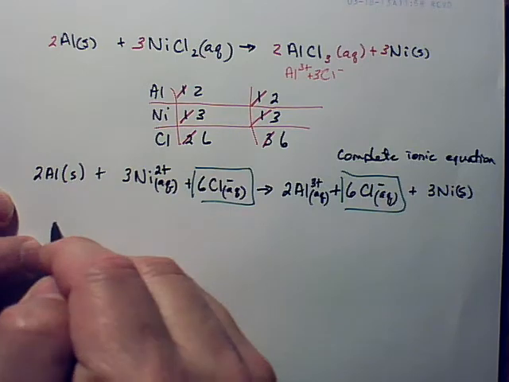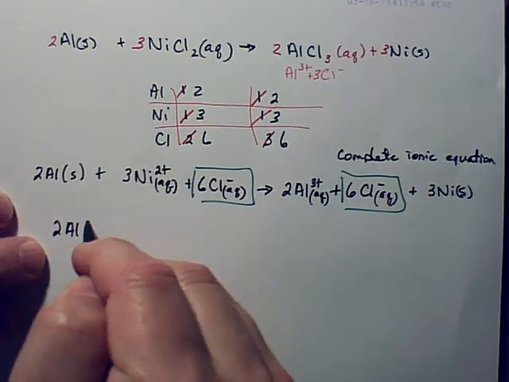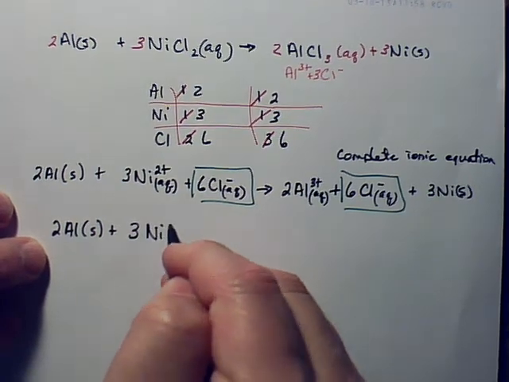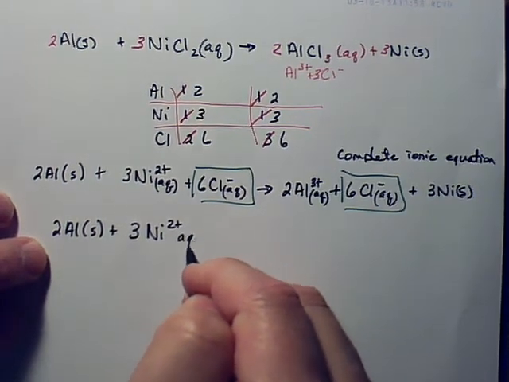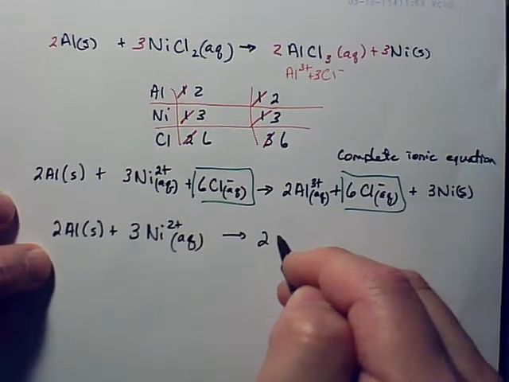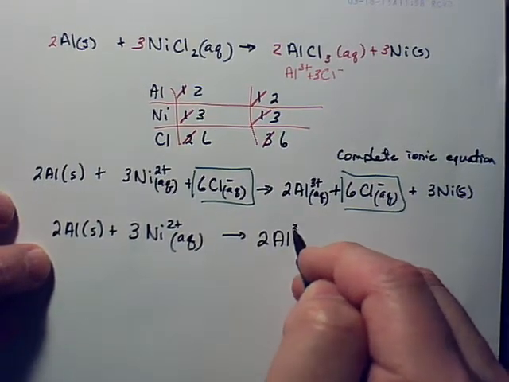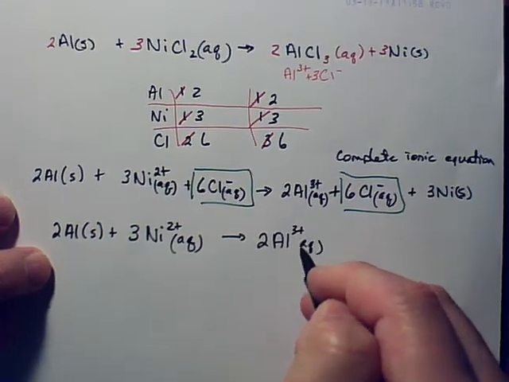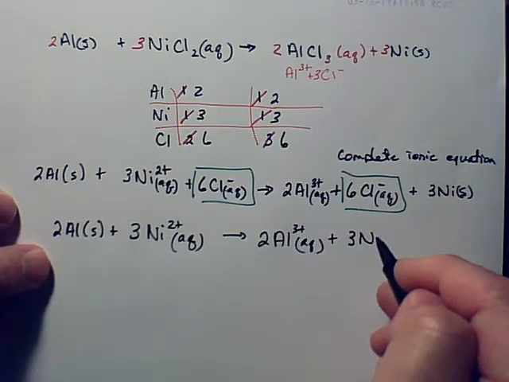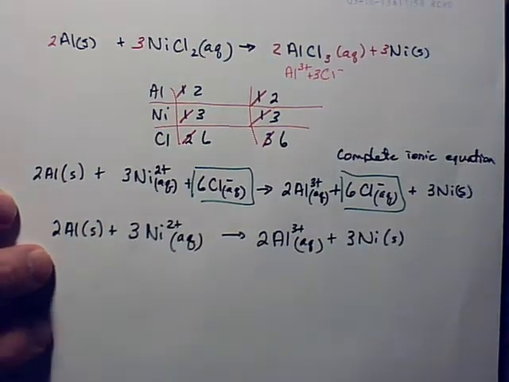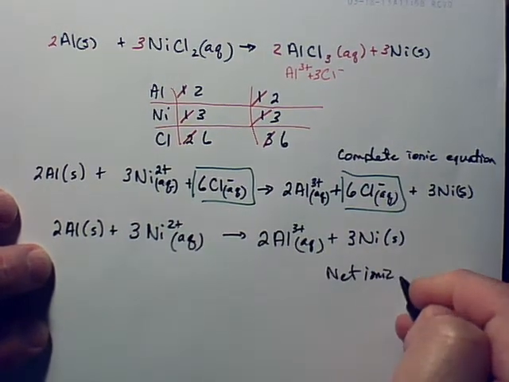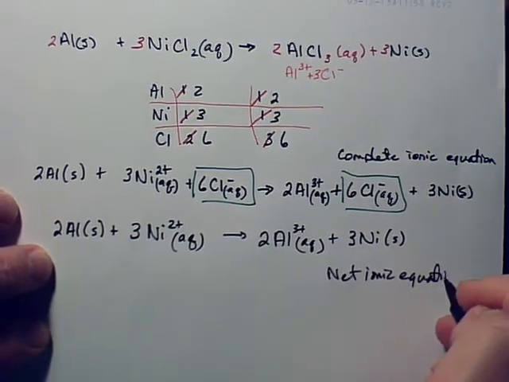Okay, so we're just going to write out 2Al solid plus 3 Ni 2 plus aqueous. We're going to leave out the chlorides. 2Al 3 plus aqueous plus, we're going to leave out the chlorides, 3 Ni solid. And this is a net ionic equation.